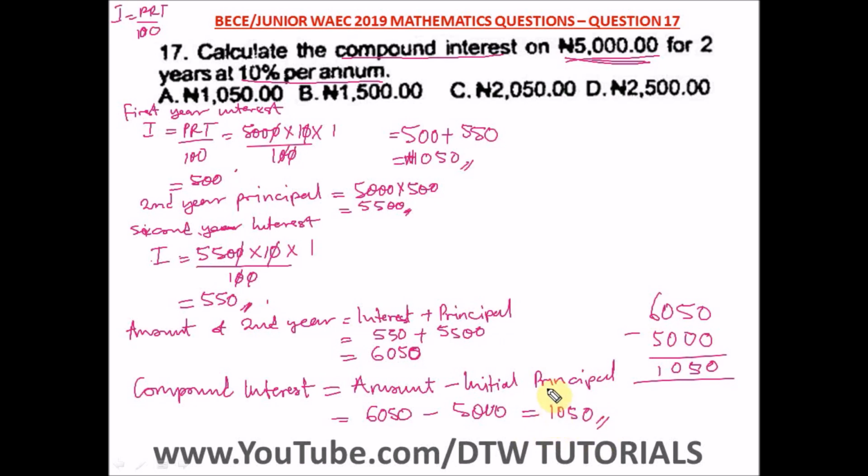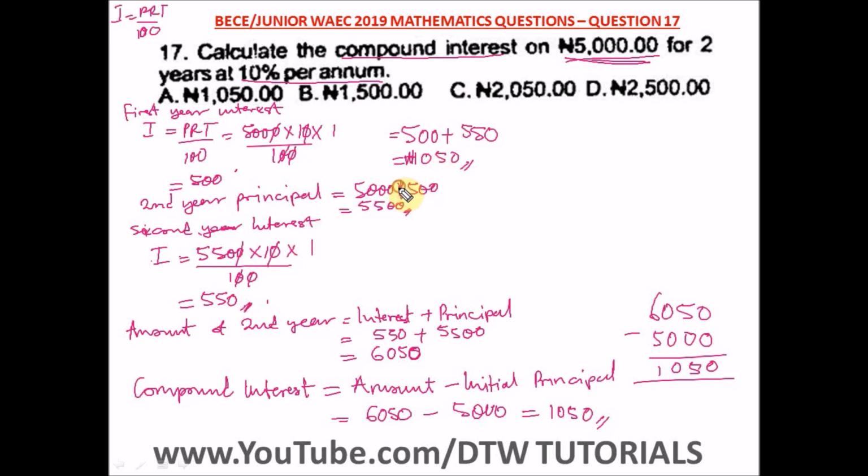You know, for theory's sake, if you have this kind of question in a theory, you have to follow this way. All right, this is my own shortcut. If it's an OBJ, when you get the interest, don't forget this step of adding 500 back to 5,000. Please don't forget this step, because if you miss it, you're going to get the wrong option.